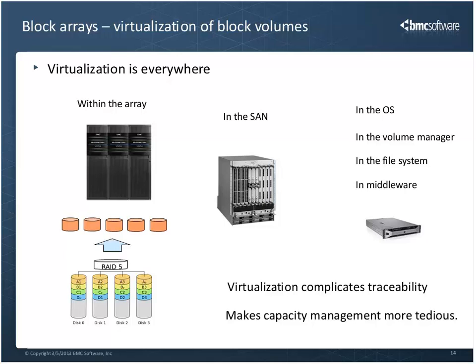And there is virtualization also in the file system and in middleware. For example, Oracle has this facility called ASM, which is a way of Oracle assembling together different files and presenting them as an abstraction to Oracle, so that the Oracle administrator can talk about these at a higher level.